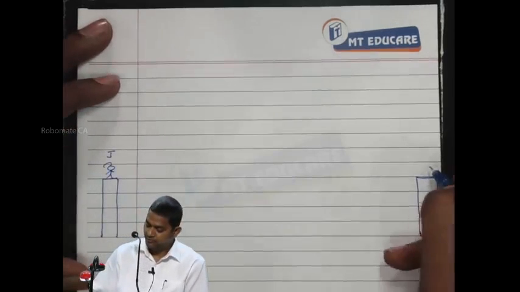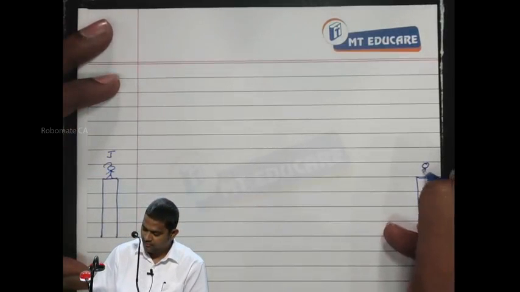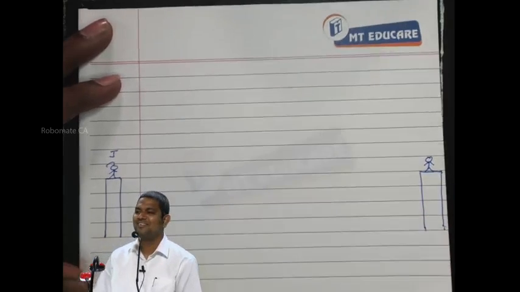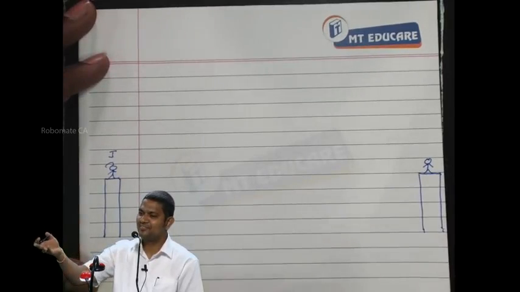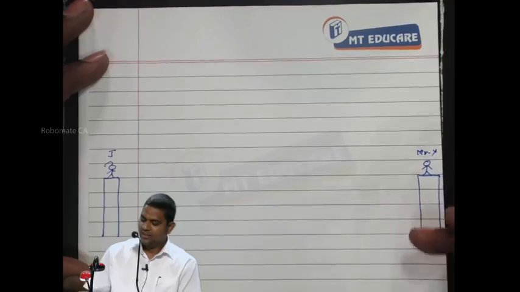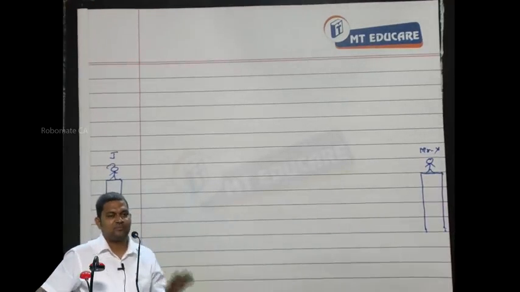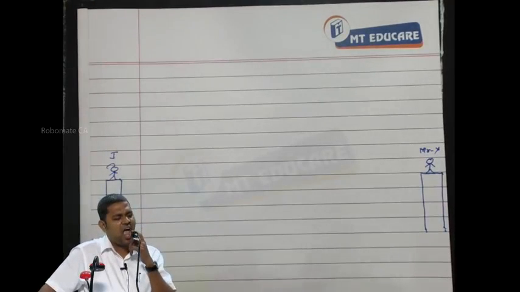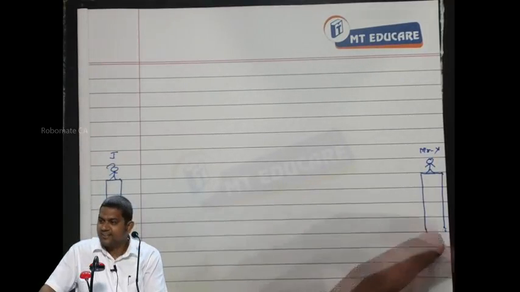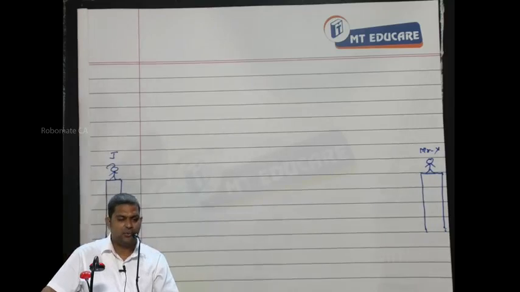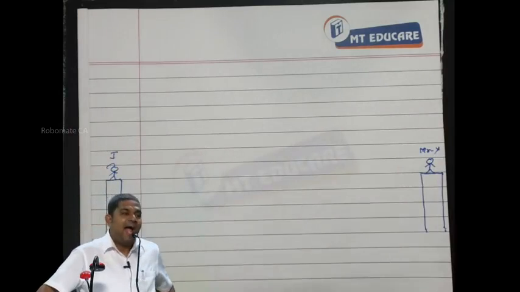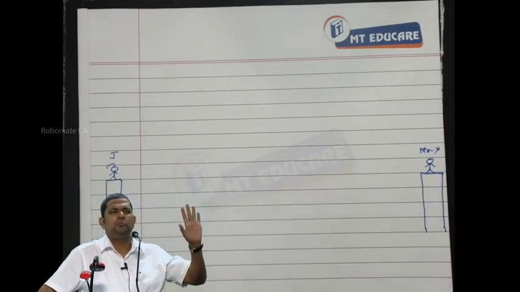And on this building, there is Janani's boyfriend, Mr. X. Mr. X is standing over here and Janani is over there. Now there is a lot of gap in between.